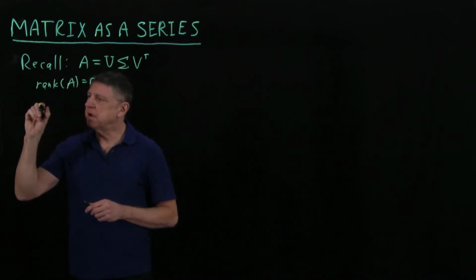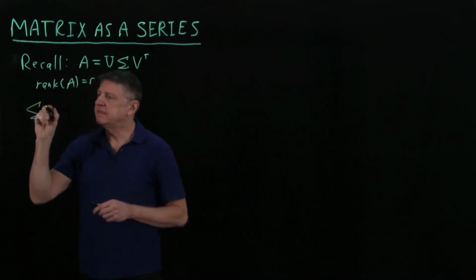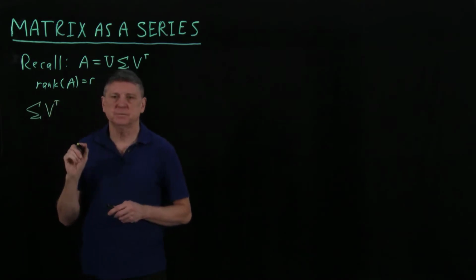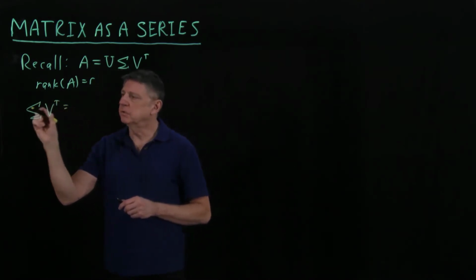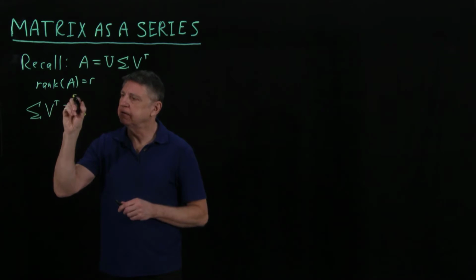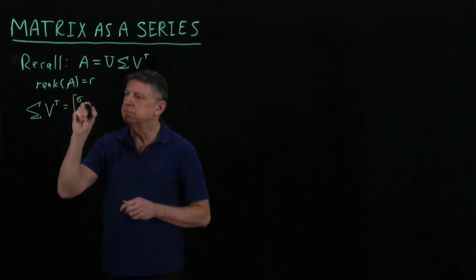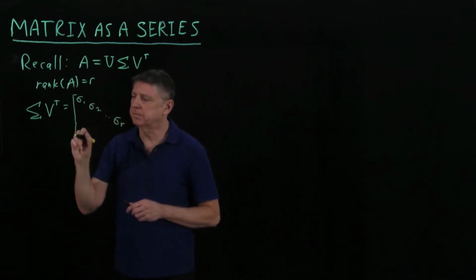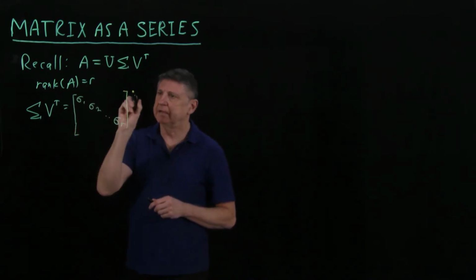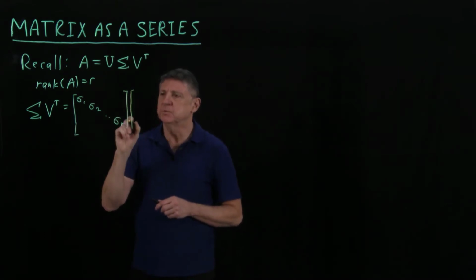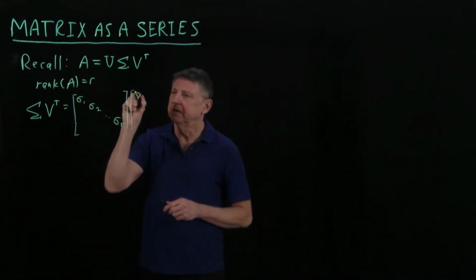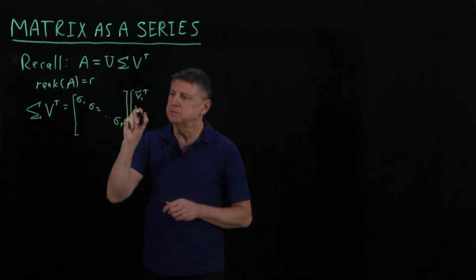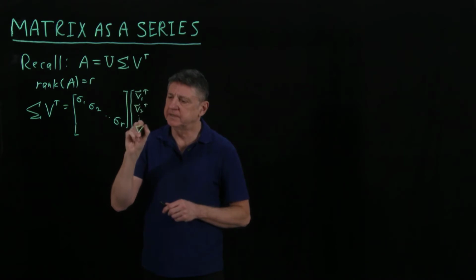So let's try writing sigma times V transpose. Well, the singular value matrix will be sigma 1, sigma 2, and so on until we get to sigma R. And V transpose will be V1 transpose, V2 transpose, and so on until we get to VR transpose.